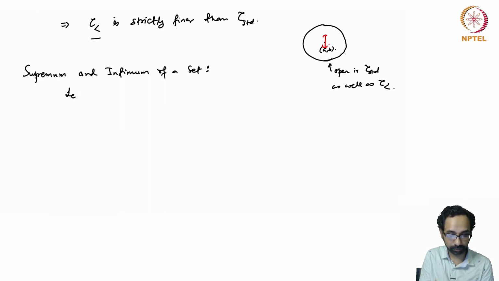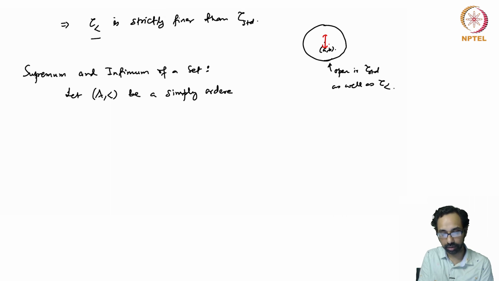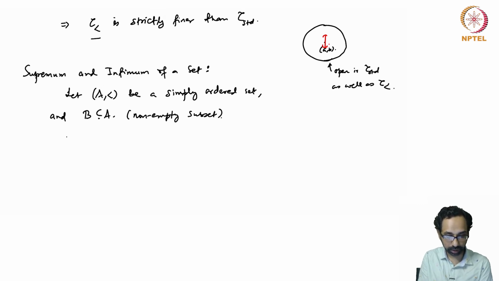So let A be a simply ordered set, and let us take any subset of A, B be any non-empty subset of A. Then, let me define a few things here. So first of all, what is an upper bound for B?